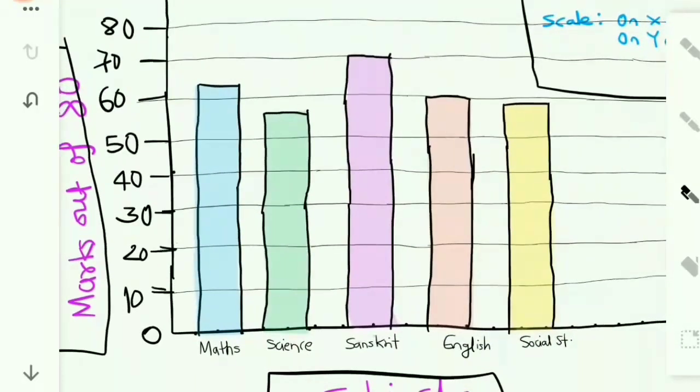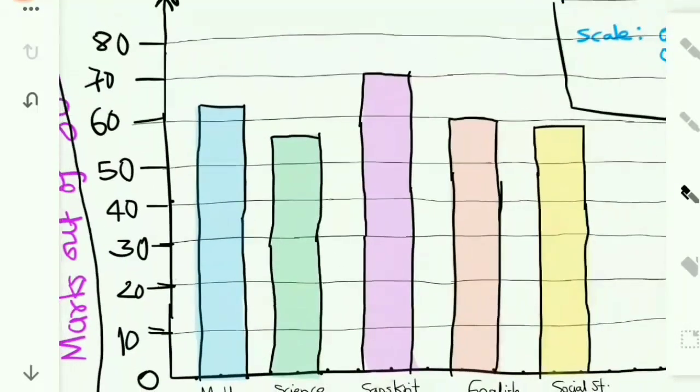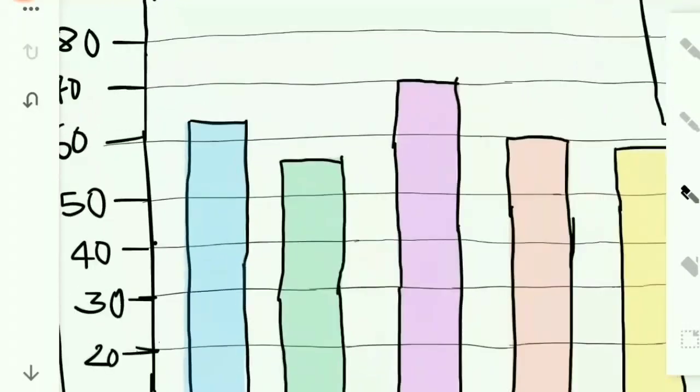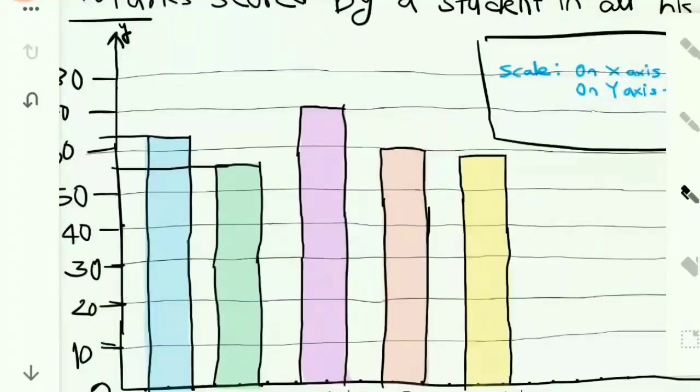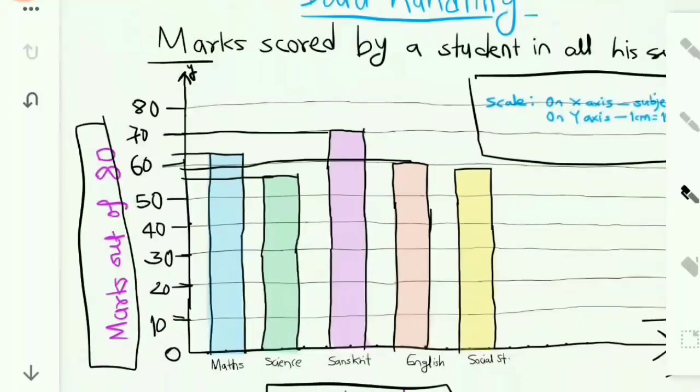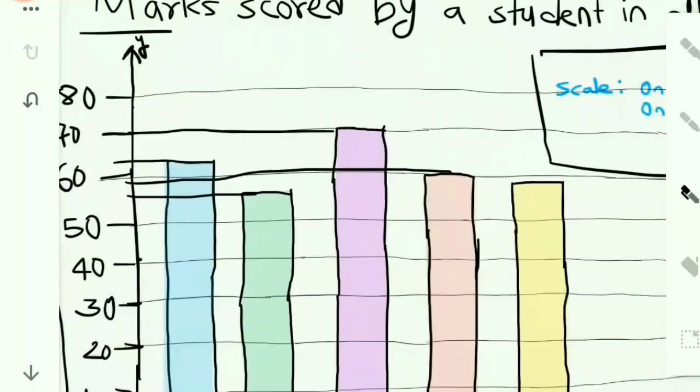These represent marks. So if a bar graph is coming till here, this must mean that this person has obtained 63 marks out of 80 in mathematics, and so on. We can get to know the values of marks obtained by this student by comparing the height with y-axis values.